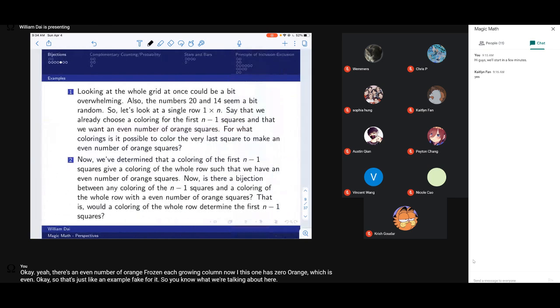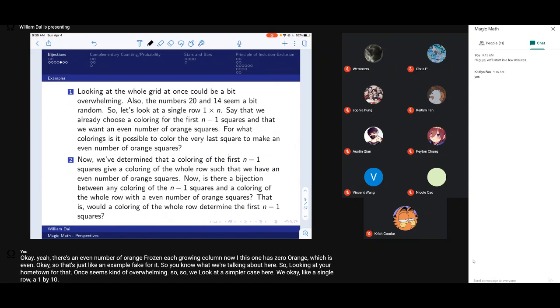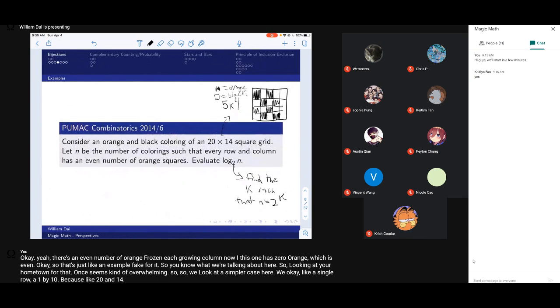Looking at the whole grid at once seems overwhelming. So we look at a simpler case, a single row of 1 by n. Because 20 and 14 are obviously random; they chose them to correspond to the year.